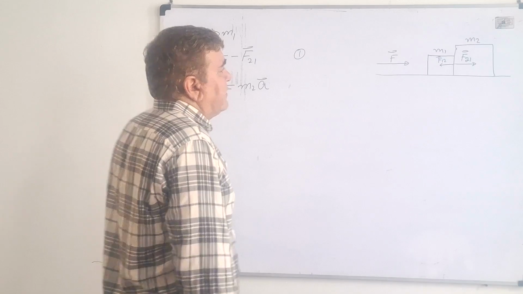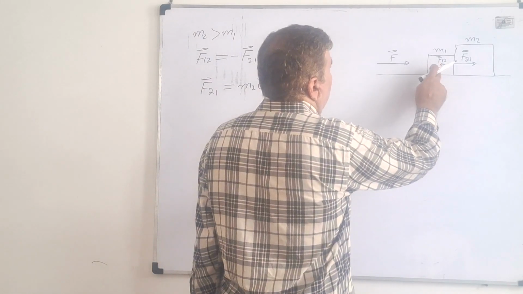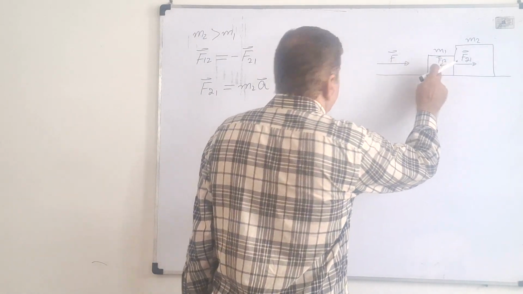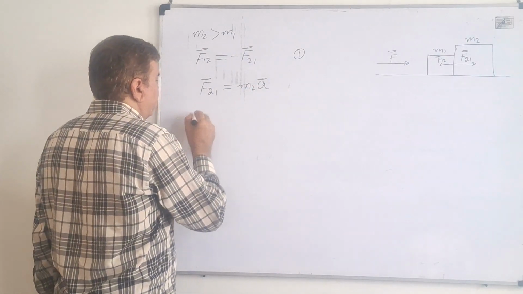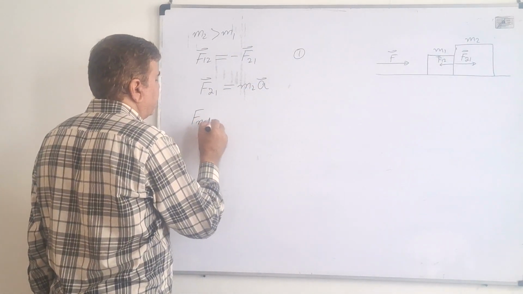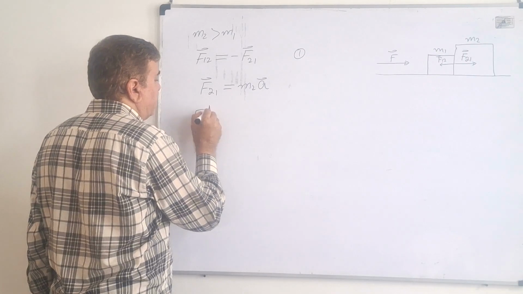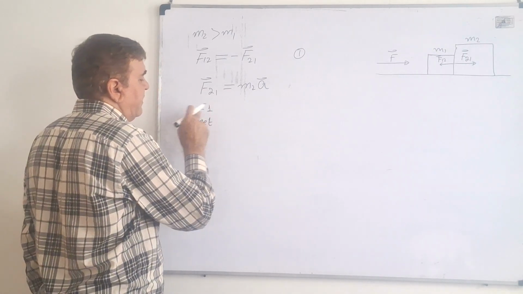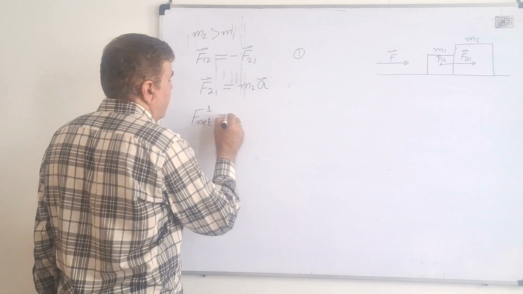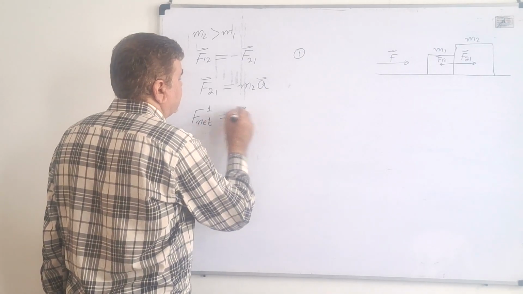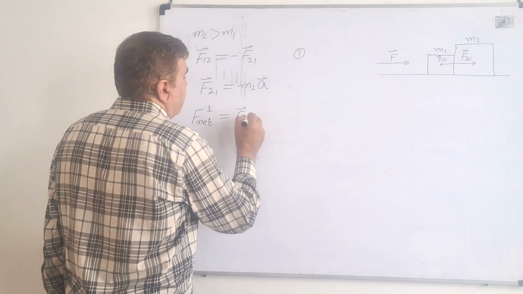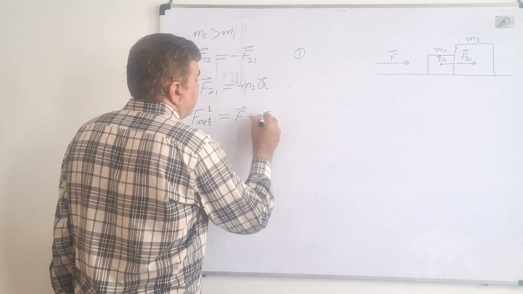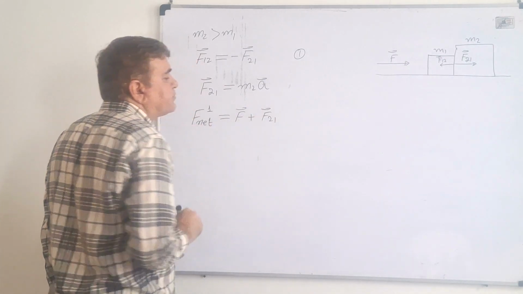And similarly, the net force acting on m1 is this force plus this force. So the net force, F net on mass m1, so I put a 1 over here to represent that this is the net force on mass m1. It is equal to the force exerted on mass m1 plus the reaction force from mass m2.